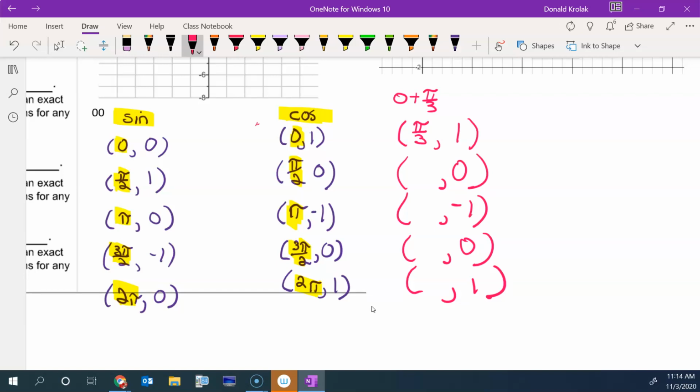Okay, my next one, for me, would be pi over 2 plus pi over 3, which is 3 pi plus 2 pi over 6. That guy's going to be 5 pi over 6.